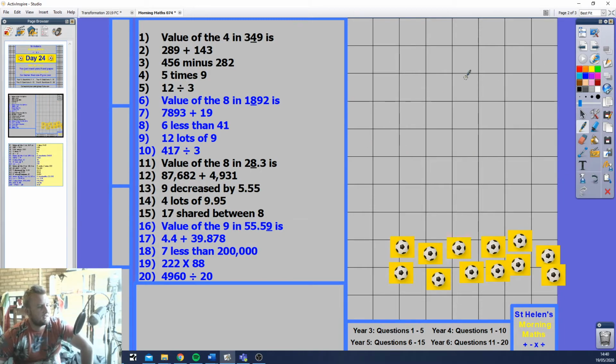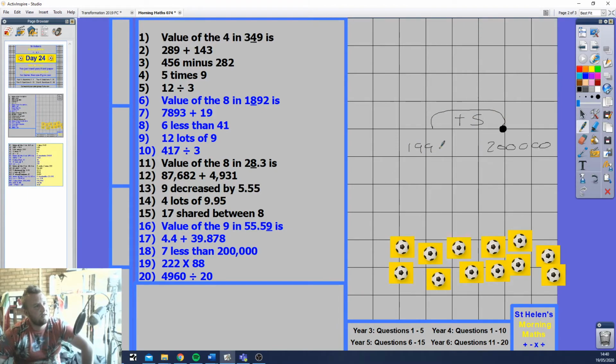And then we've got 7 less than 200,000. There is no way you should be doing any calculation for this. You're either doing this in your head, counting back, or in my opinion, you use a number line, which is the best way to do it. Write 200,000, and then you're going back 7, but you don't have to go back 7 at once. Go back 5.